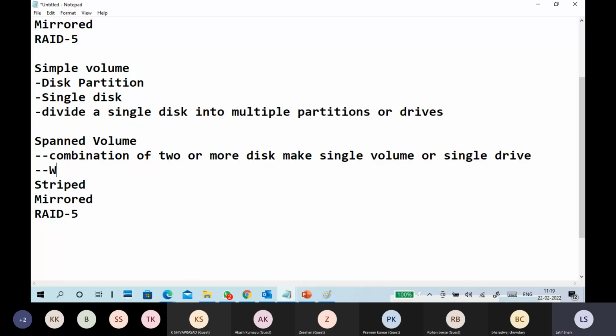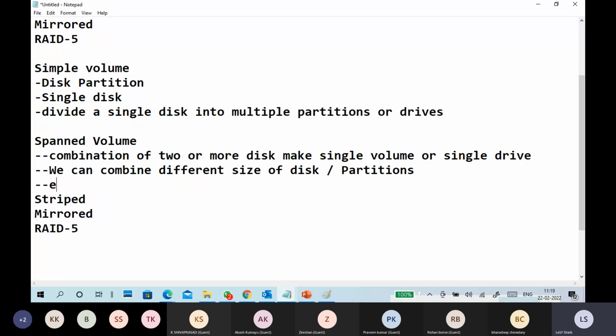We can combine different sizes of disks or partitions. For example, a 1 terabyte disk plus a 2 terabyte disk we can combine, and then it will become 3 terabyte.